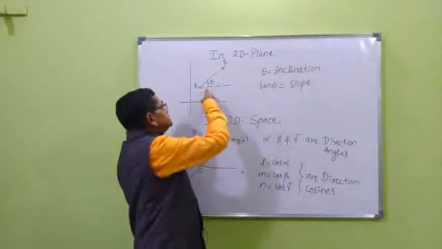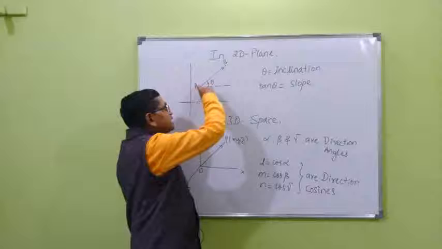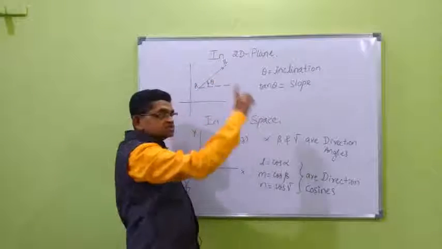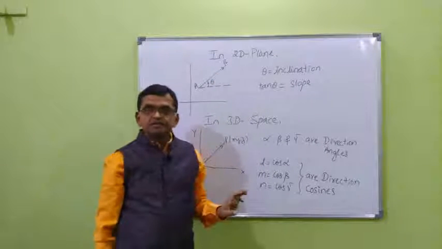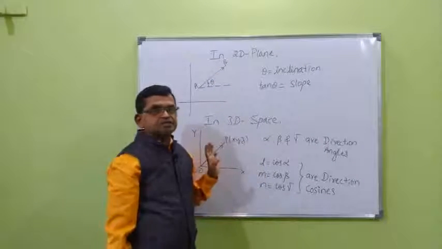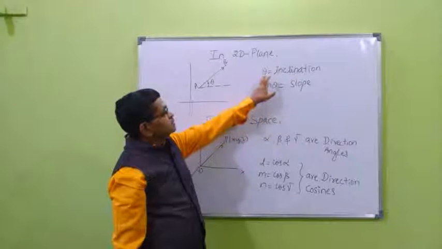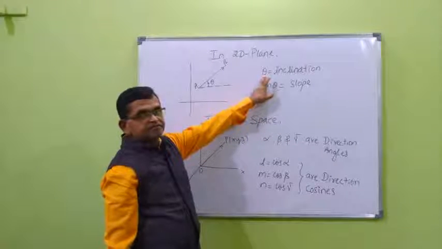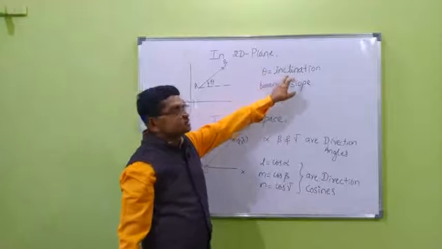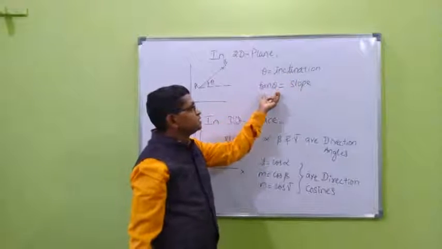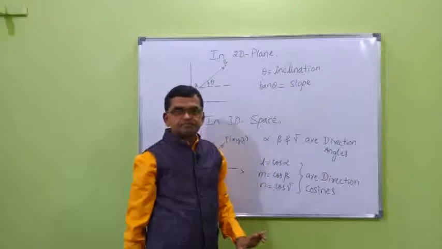Inclination is the angle made by the line with the positive x-axis. That is denoted by theta. If theta is the inclination, then tan theta is its slope.